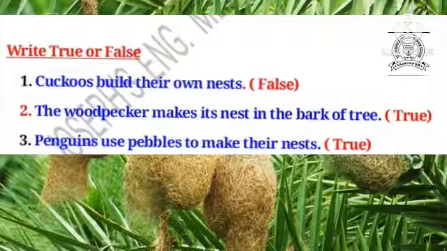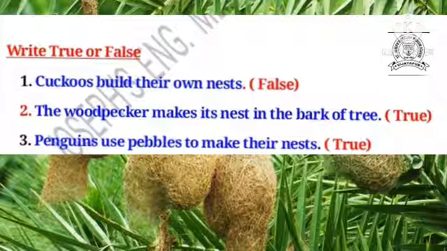So it is false. Second one, the woodpecker makes its nest in the bark of a tree. Woodpecker, the bird which has a chiseling beak. By using the chiseling beak, they can make a hole in a tree bark. So this statement is correct. It is true.